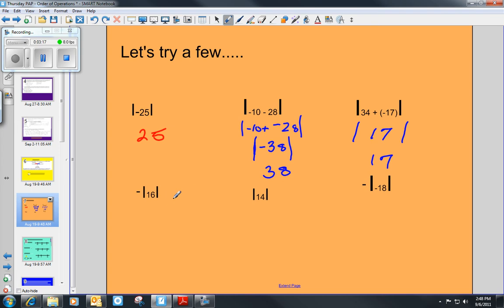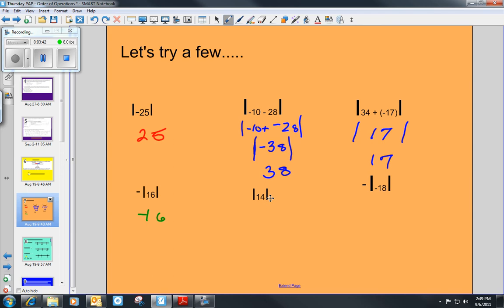When we get down to our second row and we're looking at the absolute value of a number with the negative on the outside of the absolute value bracket, we're going to solve what's inside first and bring down the negative sign. So bringing this down, the absolute value of 16 is 16, and then we pull our negative down in front. So negative 16 is the answer to that one.